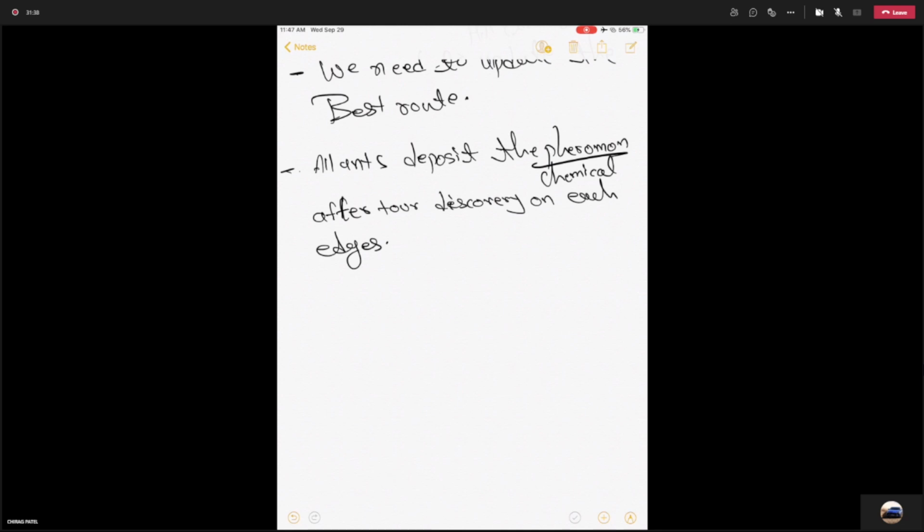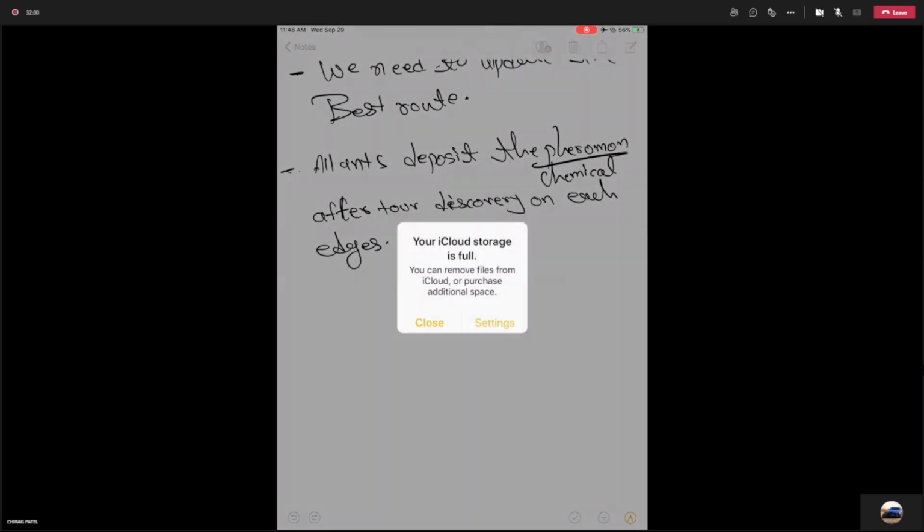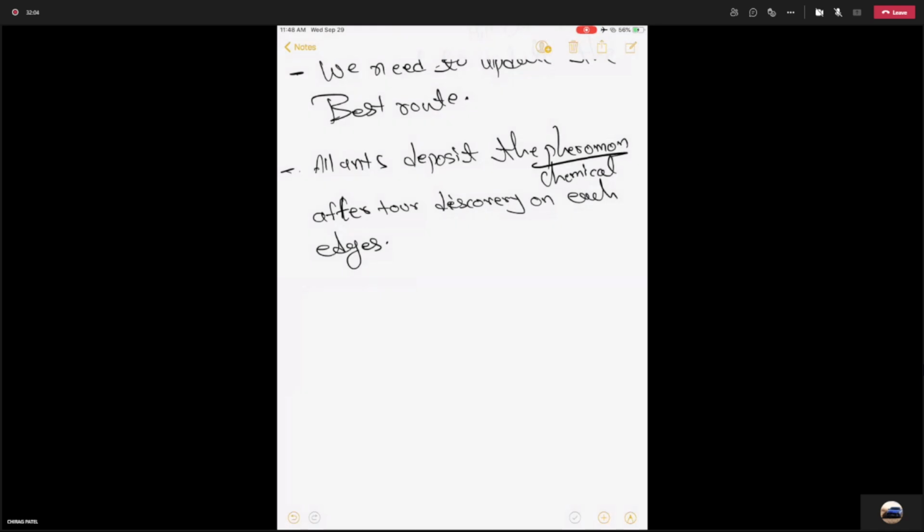Now, if somebody is talking about how much amount of pheromones I'm going to deposit on each and every edge of the route, or of whatever path the ant had found. Here we are not considering the distance of the edges. One edge has a distance of 15, another 20, 25, 30. All the edges have different values, but we are depositing the same amount of pheromones on each and every edge. Please understand.